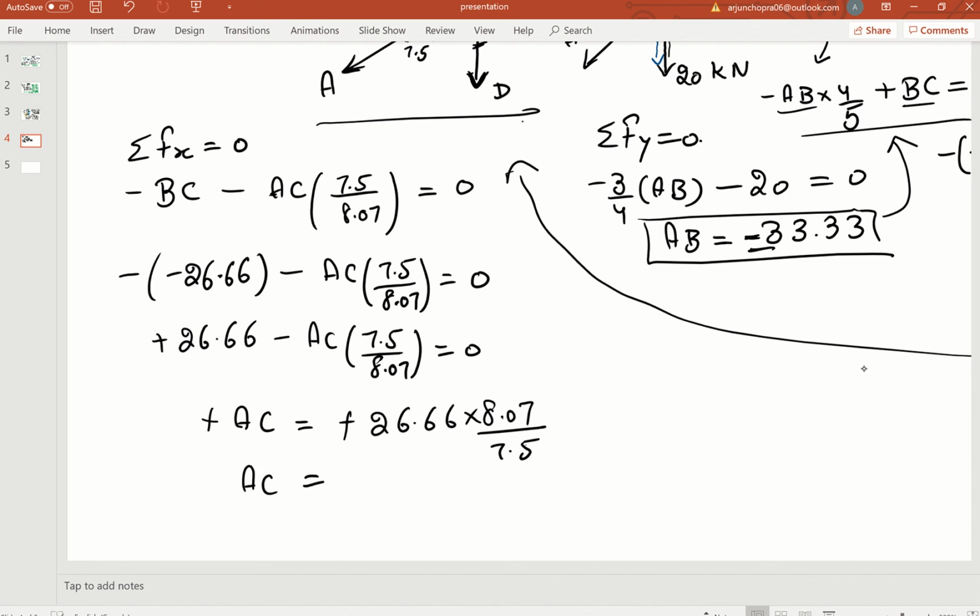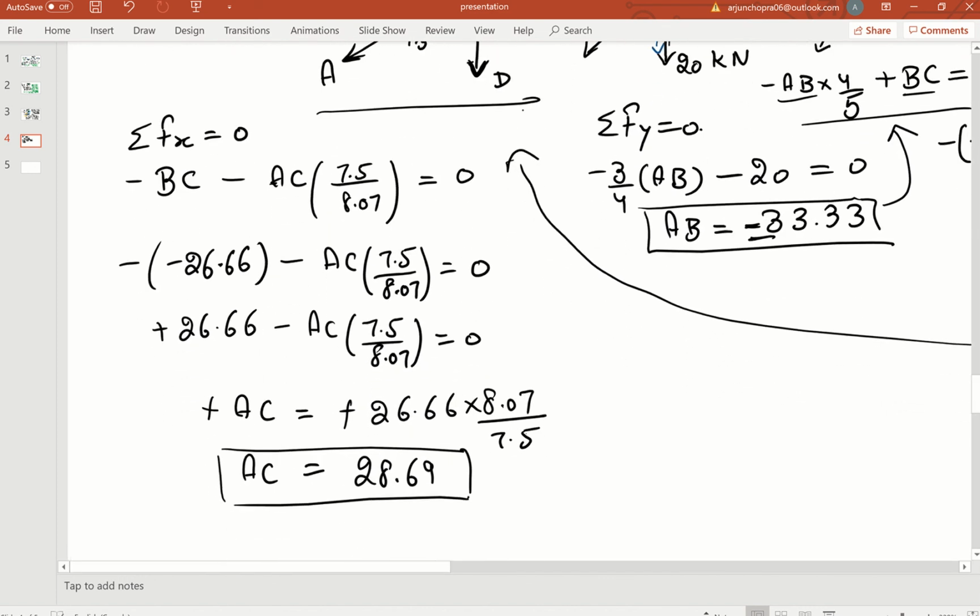Then the load in AC is approximately 28.69, and this value comes out to be positive. So the direction of AC, whatever direction we assumed, is correct. That's the value of AC, and that's about it. Let me check the final value in the book. Yes, we got the correct answer. So that is the correct answer.